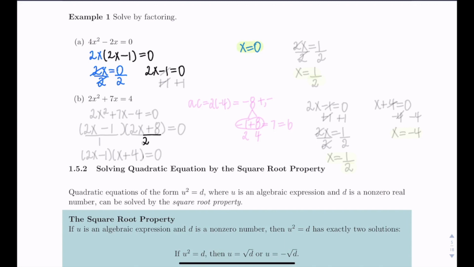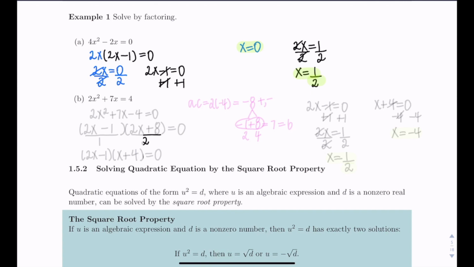Now we do the same thing for 2x minus 1 equals 0. We add 1 to both sides, so we have 2x equals 1. Then, getting x by itself, we divide by 2 on both sides, and we get that x is equal to 1/2. So we have two solutions: x equals 0 and x equals 1/2.